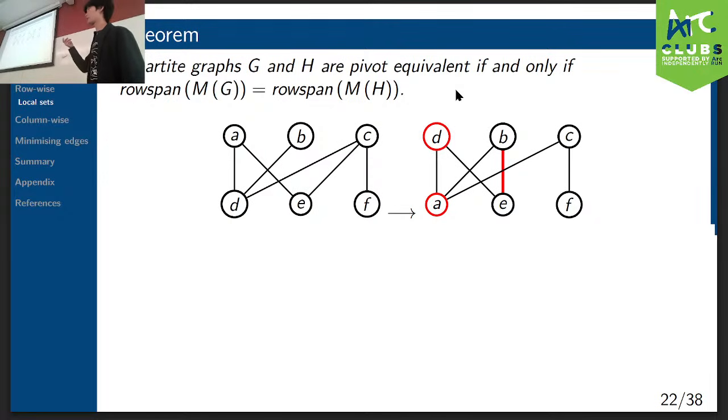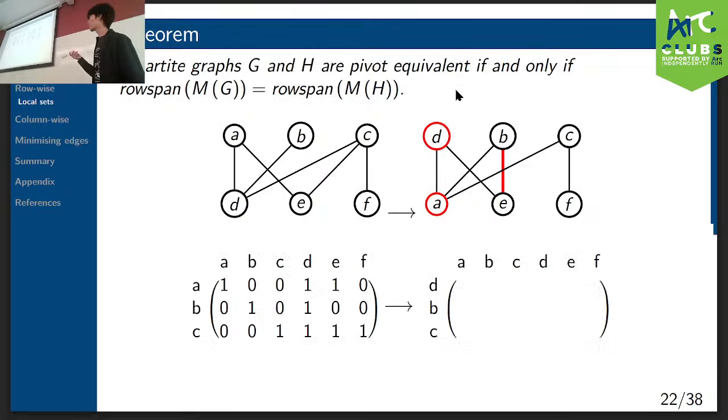As before, we know the graphic presentation of the graph on the left is this. And to find the graphic presentation of the graph on the right, we require the identity matrix on the vertices D, B, and C. And that's because of the properties of the graphic presentation I described before.